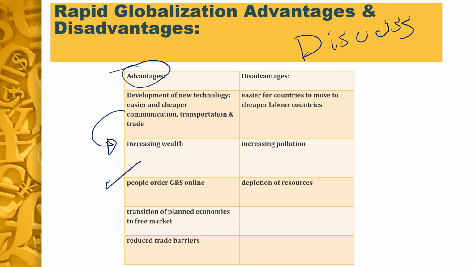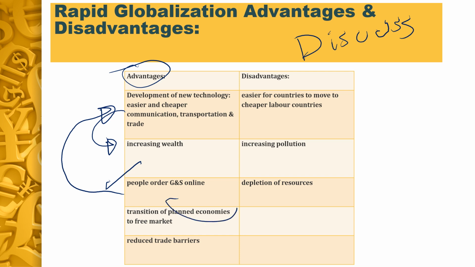And one more good thing for the people, because they've got variety of goods and services, they can buy their goods and services online. But remember, domestically speaking, this would lead to disadvantages. Okay, so because the people of the country would not be ordering the goods of their national country, they might be importing from others, since we find it easier in terms of transportation nowadays.